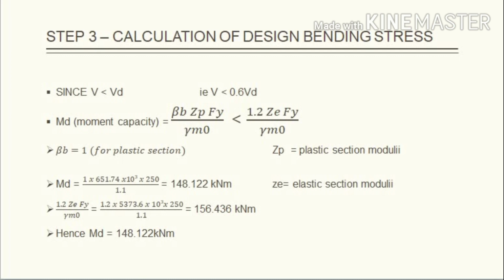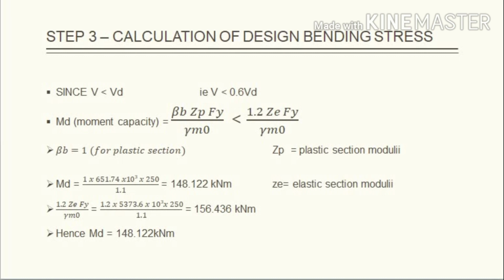So here beta B is equal to 1, that is for plastic section, and Z P is the plastic section modulus and Z D is the elastic section modulus. Substituting in the equation, MD is equal to 1 into 651.74 into 10 raised to 3 into 250 by 1.1.